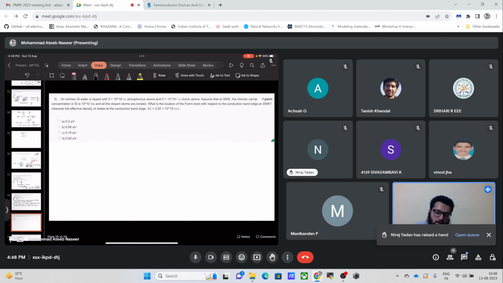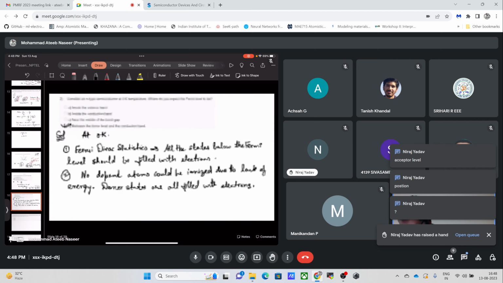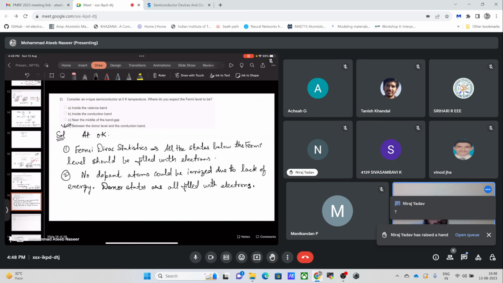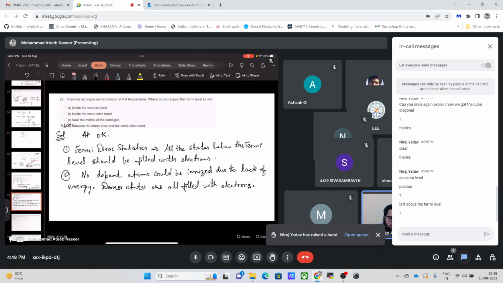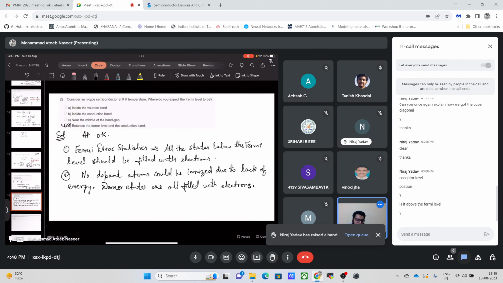Okay, Neeraj, you can ask. Yes, Neeraj. Acceptor level. Okay, where is the acceptor level? One second. You have written some acceptor level. Is it above the Fermi level?